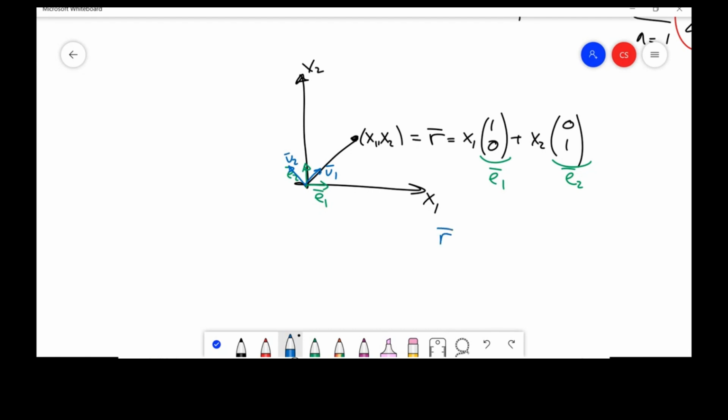To get to R, I would have to go this length. What is the length of that? It is the square root of x1 squared plus x2 squared. I have to go in that direction times u1, plus 0 times u2. Clearly?